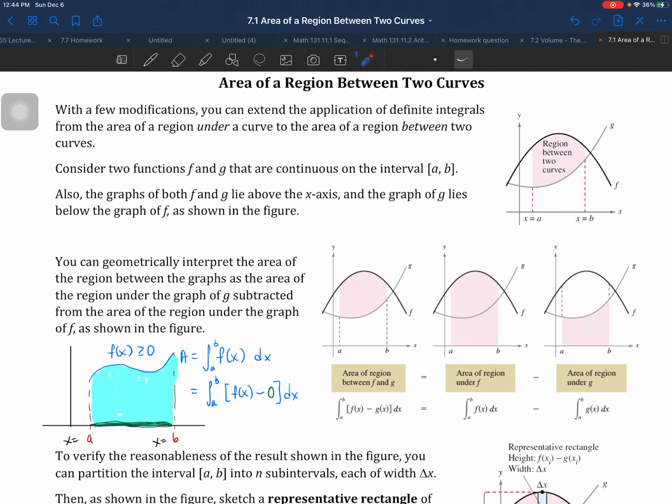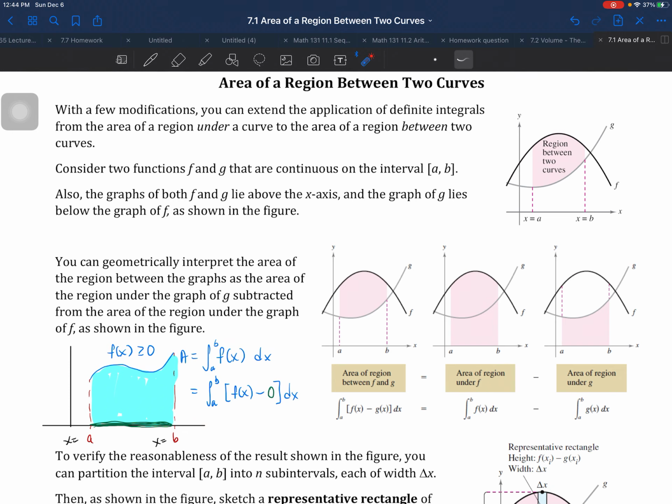Now we can extend this and connect it to the new concept by arguing that there's an imaginary minus 0 going on here, thus stating that this area is actually the area between two functions, this function f and the function y equals 0.